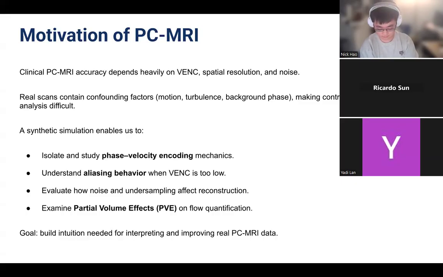With a controlled simulation, we can clearly study how phase encodes velocity, how aliasing occurs when VENC is too low, and how noise or undersampling impacts the reconstruction. We also look at partial volume effects, which are a major source of error in flow quantification, especially near vessel boundaries. Ultimately, this simulation helps us build intuition for how PCMRI behaves under ideal and non-ideal conditions, and how different acquisition settings influence quantitative accuracy. This understanding is essential for improving real PCMRI measurements.